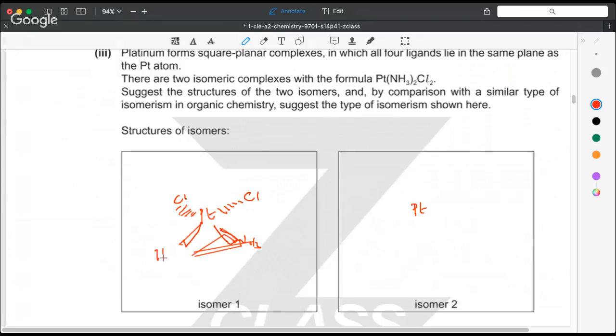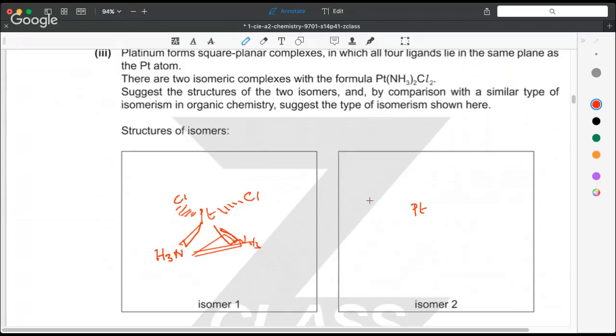Okay, I'm going to write ammonia as H3N, a little bit like we wrote water as OH2. You know, it's kind of back to front, isn't it? Just to show that it's the nitrogen that's donating the lone pair of electrons, and there's no bond coming from the hydrogen. But you can see here, I've got the 2 ammonia ligands coming out of the paper, and the 2 chloride ligands going to the back of the paper.